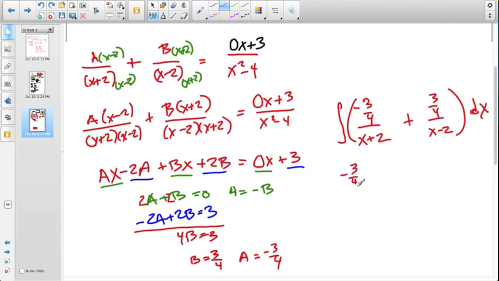So if I split this into two integrals, we've got 1 over x plus 2 dx, and this one is pulling out the 3/4, 1 over x minus 2 dx.